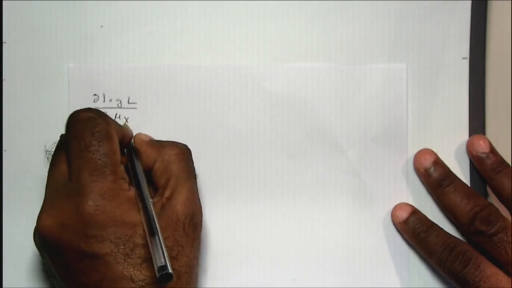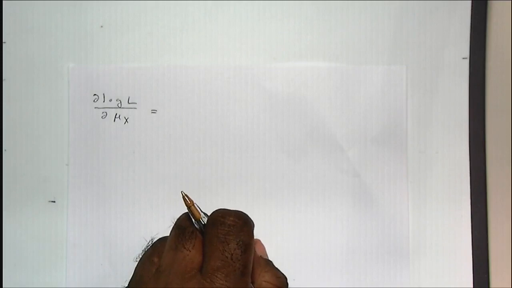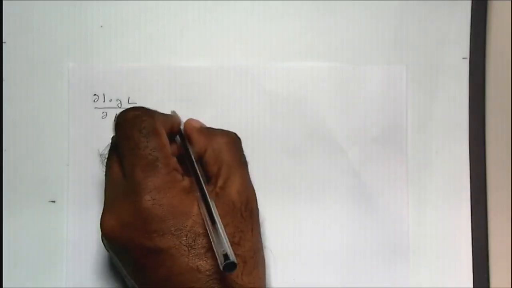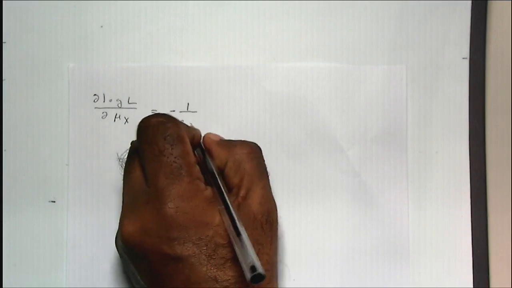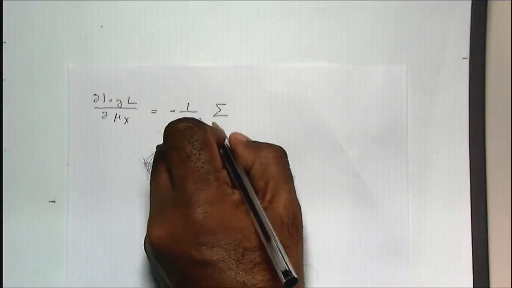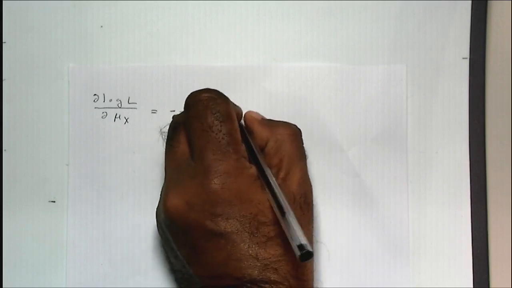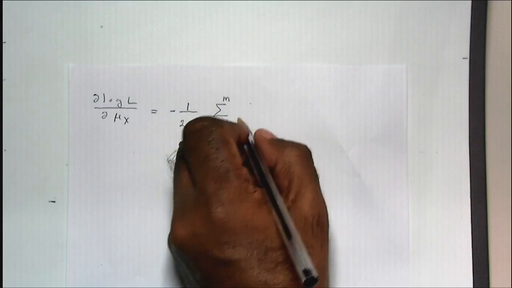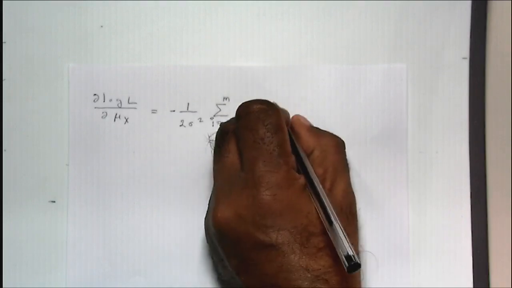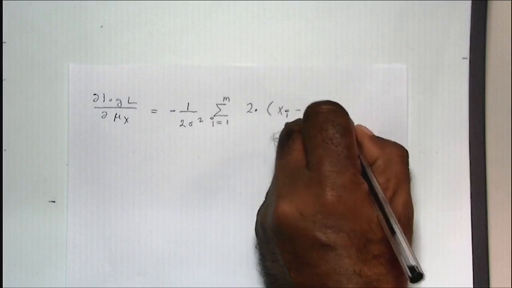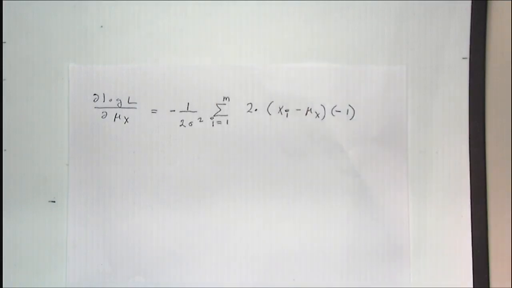First with respect to mu of x, right? So if you do that, guys, you get minus... All right, this is the partial derivative with respect to mu x.